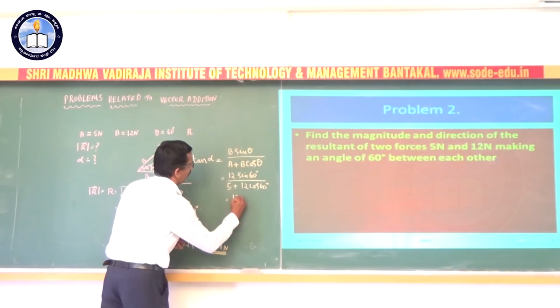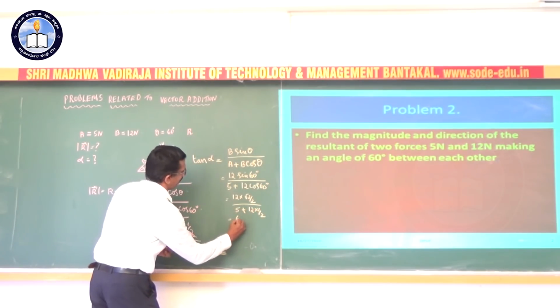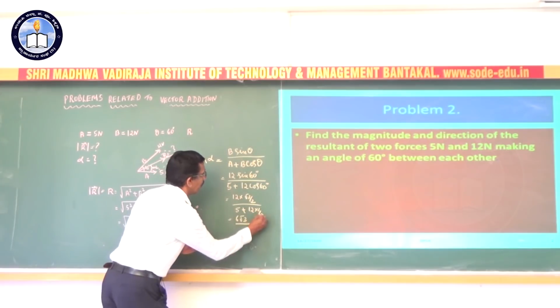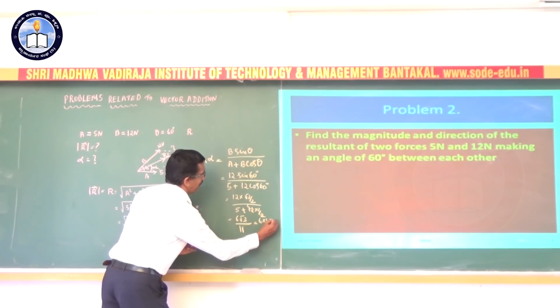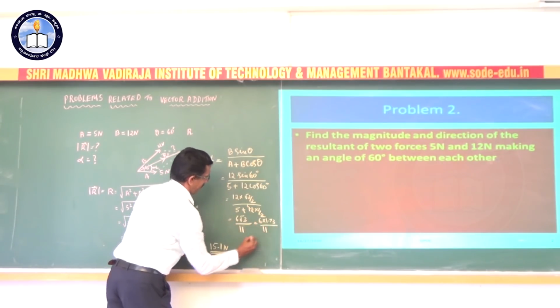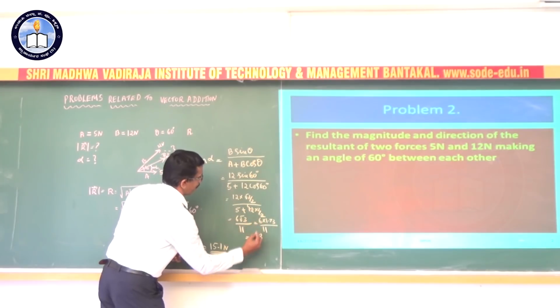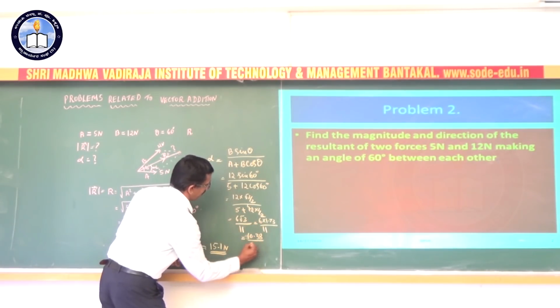So 12 into root 3 by 2 divided by 5 plus 12 into half, or 6 root 3 by 5 plus 6, 11, or 6 into 1.73 by 11, that is 6 threes are 18, 6 sevens are 42, 10.38 by 11, nearly 0.913.